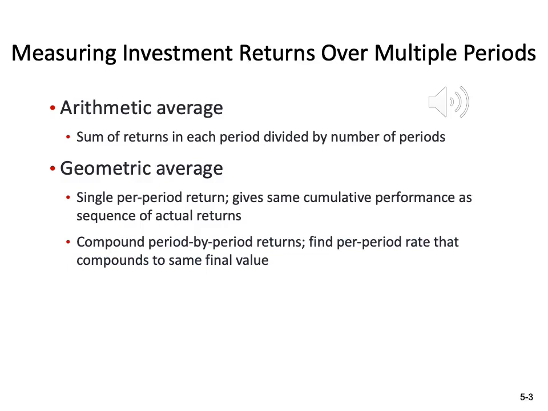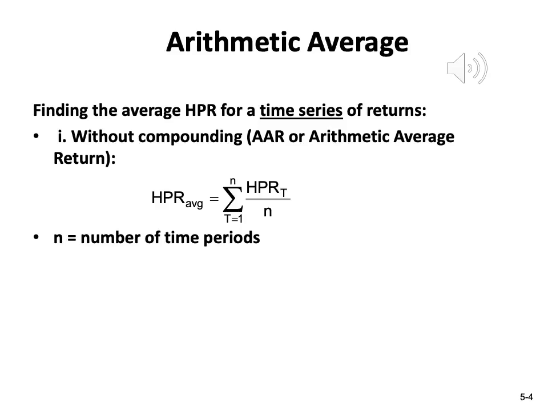The second way to calculate the average return is called geometric average return, which considers the compounding power. The arithmetic average return does not consider compounding power. To calculate the arithmetic average, you just need to calculate the sum of all the returns divided by the total number of periods.